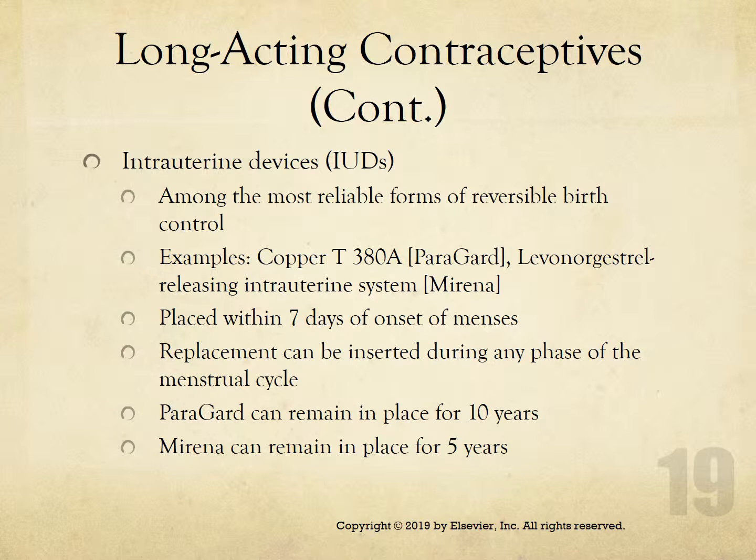Also, with the IUDs, you want to explain how they work: they create a hostile environment in the uterine cavity so that it makes implantation almost impossible for the fertilized egg. And also, if it has an amount of progestin such as the Mirena or the Skyla, then that is another protection against implantation.